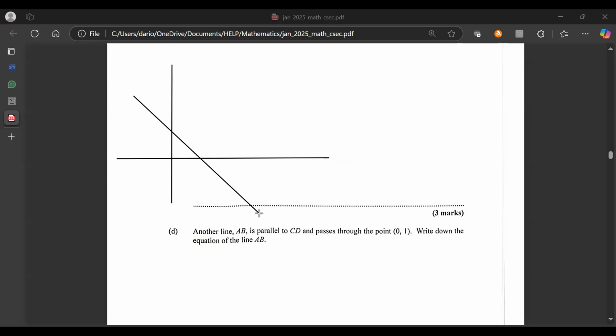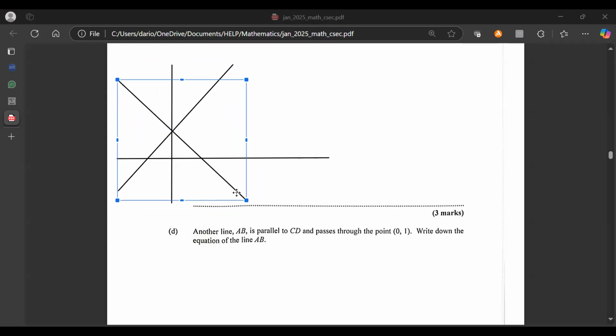The next line passed through, was 1 on the x. C was on the, oh no, it cannot be so low. Since C was 1, it had to pass through here. Let's push this up a little.